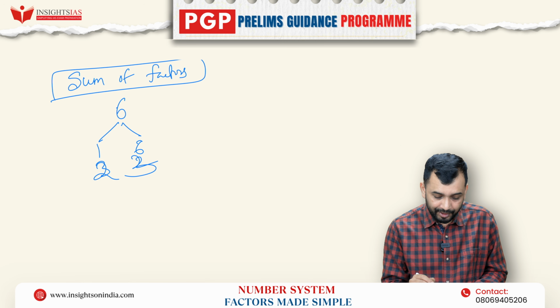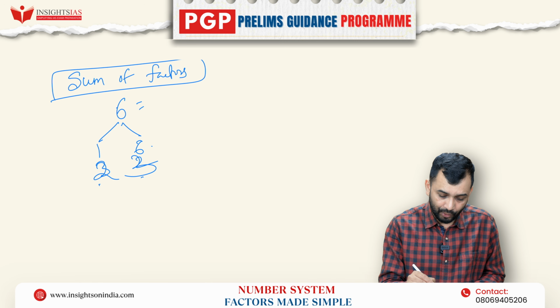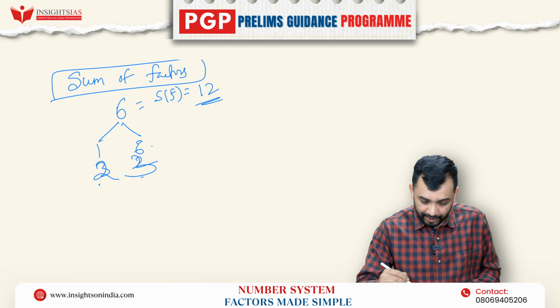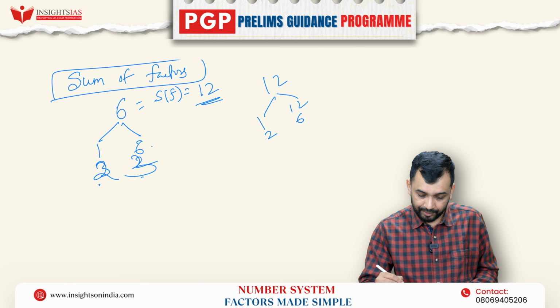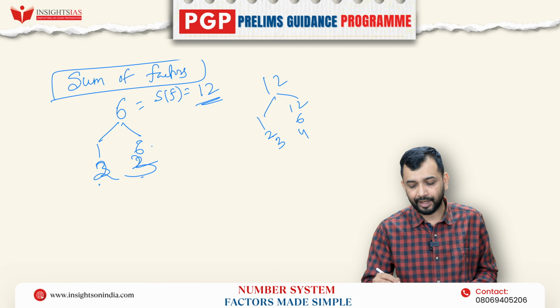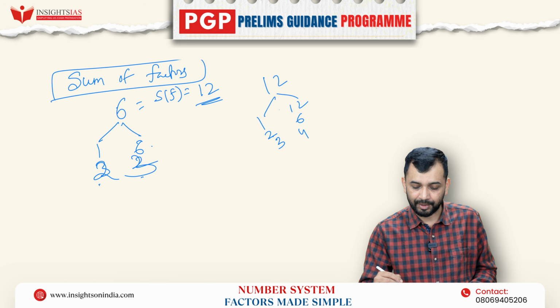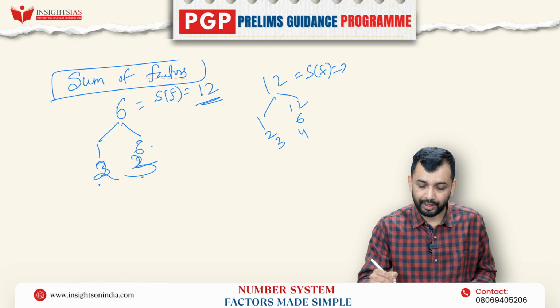Now if I add the sum of the factors, 1 plus 2 is 3, 3 plus 3 is 6, 6 plus 6 is 12. The sum of the factors will be 12. Similarly, if I have 12: 1, 12, 2, 6, 3, 4. If I add 3 plus 4, 7, 2 plus 6, 8, 7 plus 8 is 15, 15 plus 13, 28. The sum of the factors will be 28.